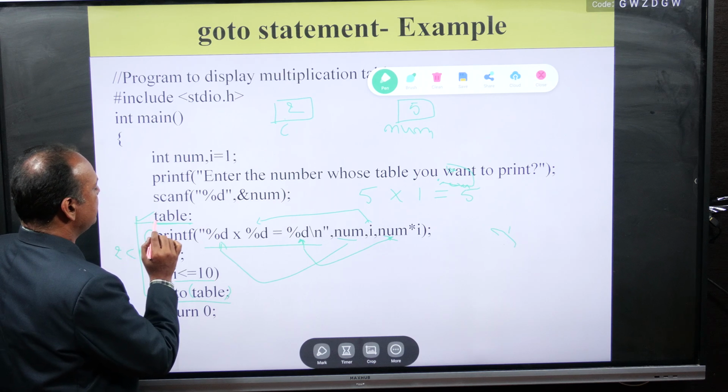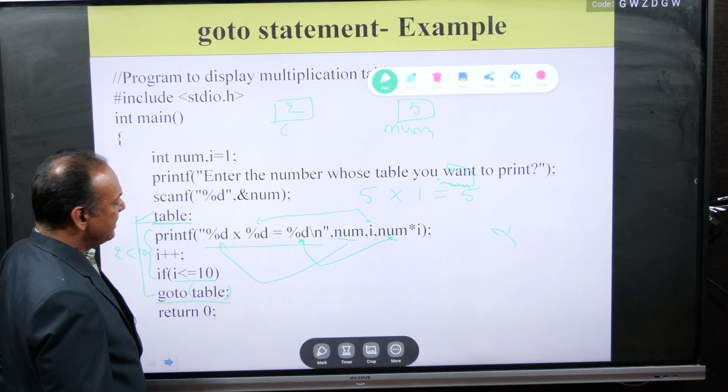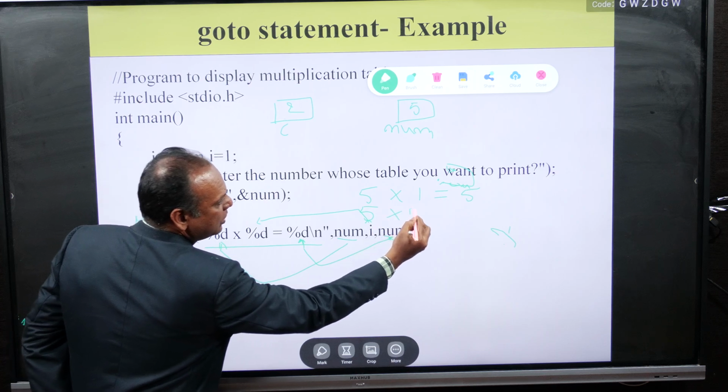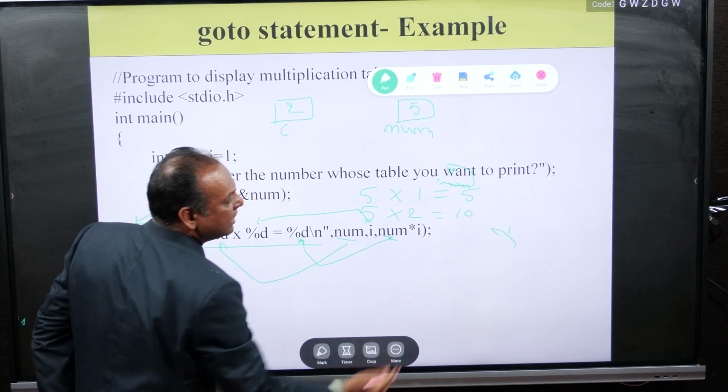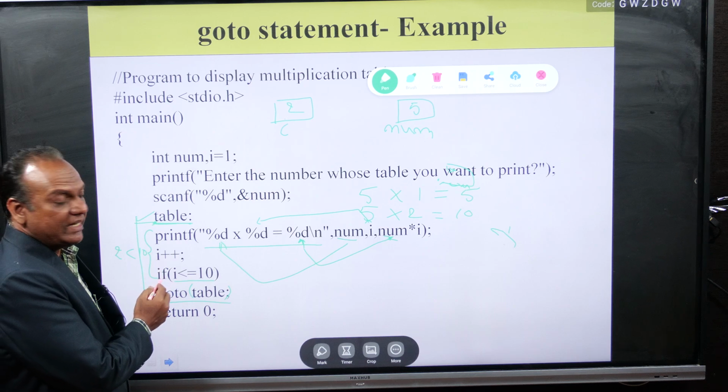jump after this label. Again the print statement will be executed with the value 2, that is 5 into 2 is equal to 10 is printed, and now the I value is incremented.